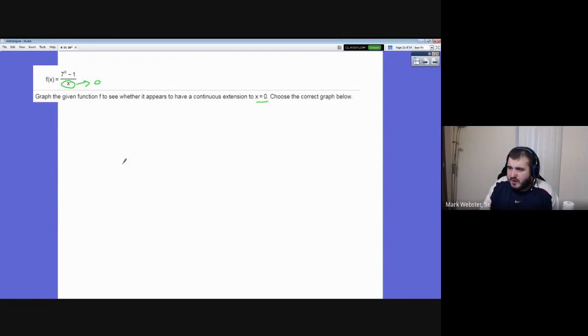So we want to know, does the one piece fill the other? Can I just put a spot there and then fill in the function and make it continuous?